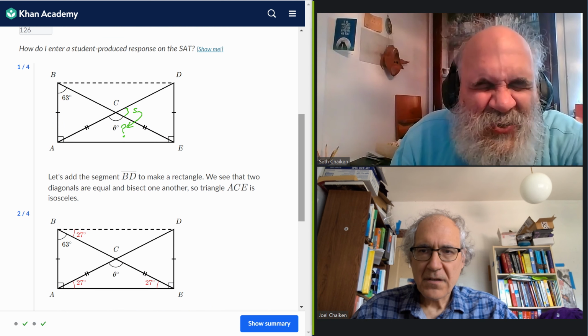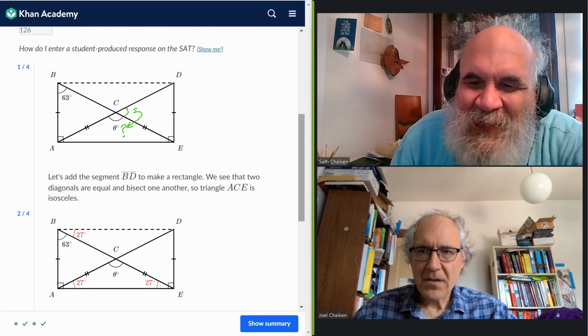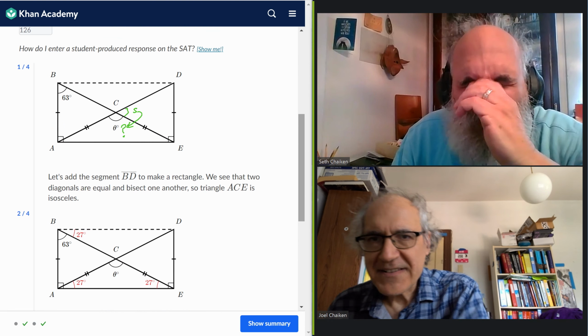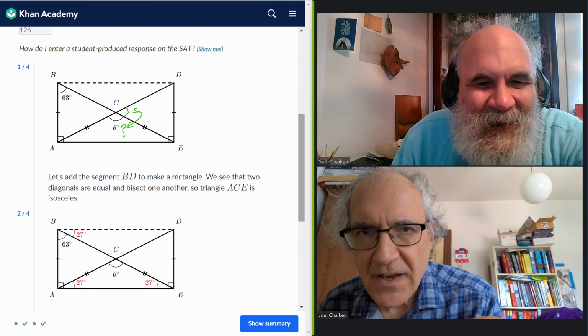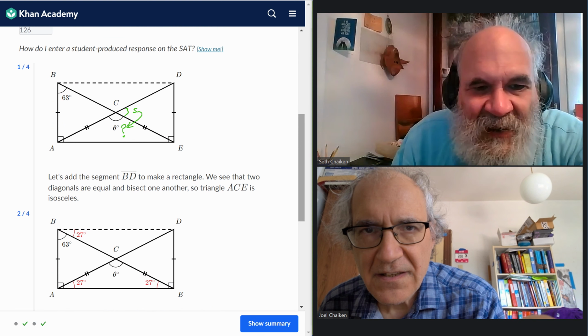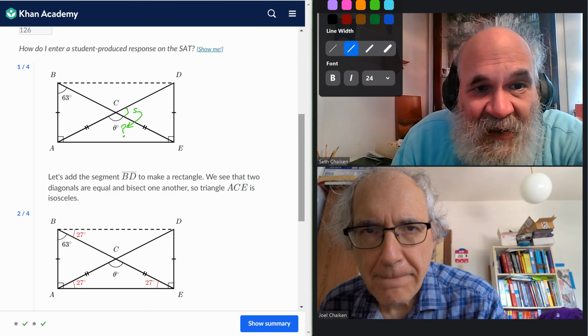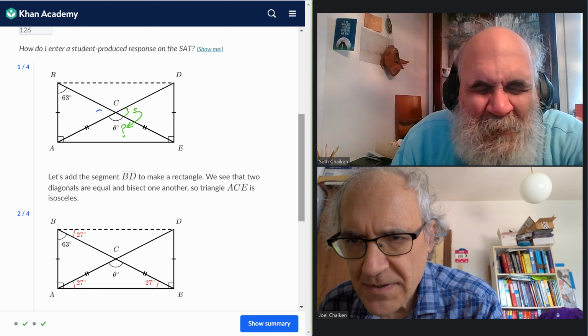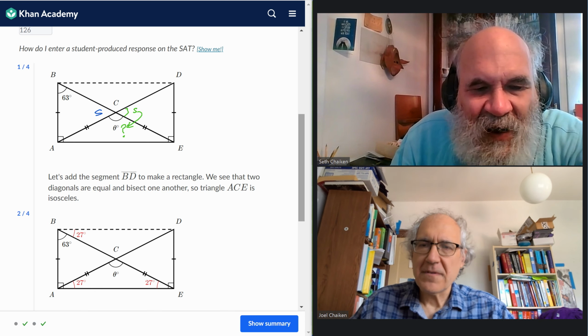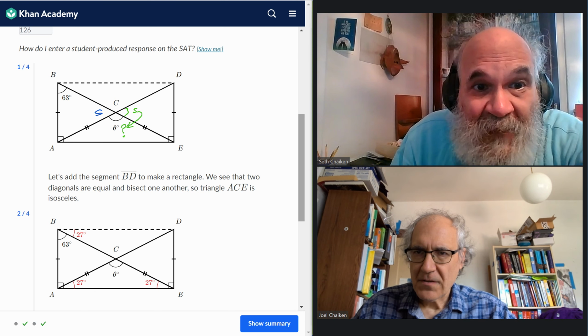That's right, so we could try to find S to help solve the problem. And S is also on the other side, and similarly the angle that would help you is on the other side. These two are equal.